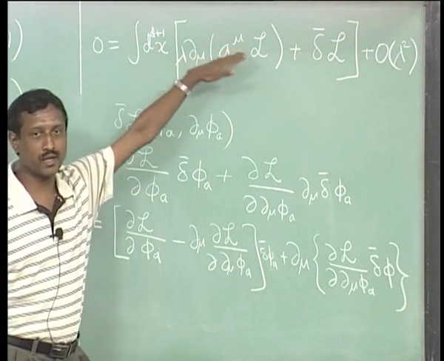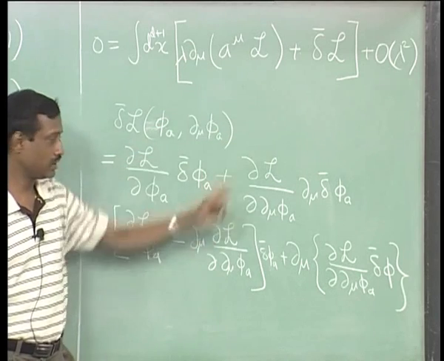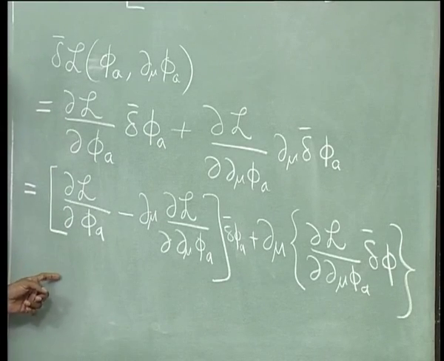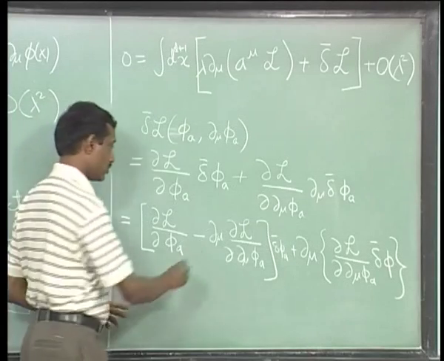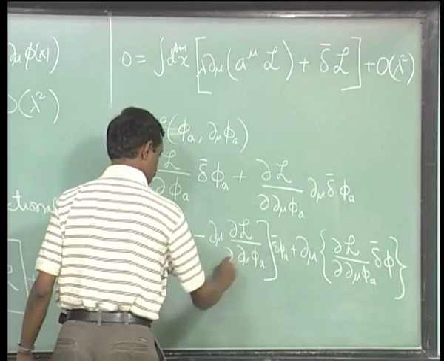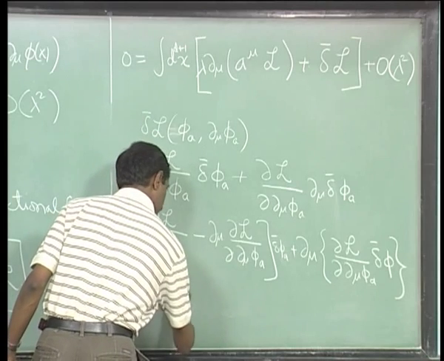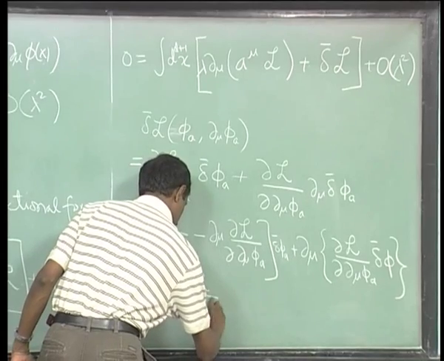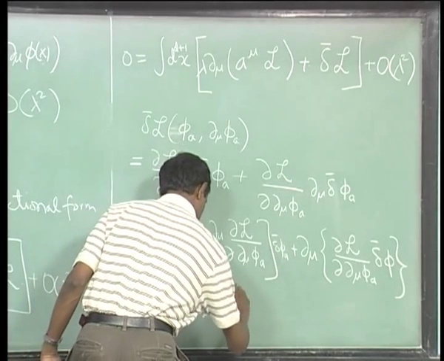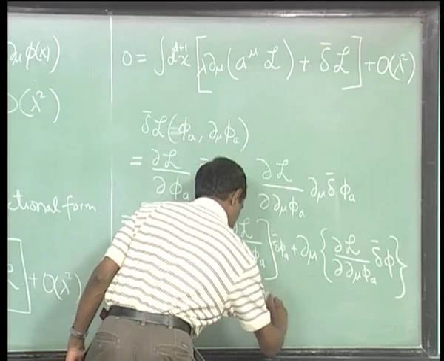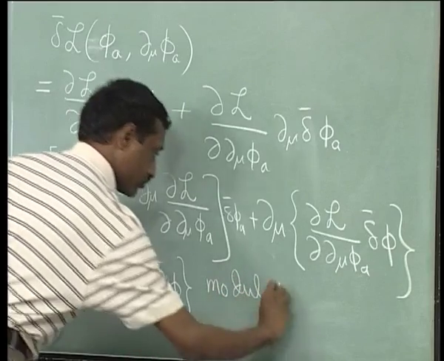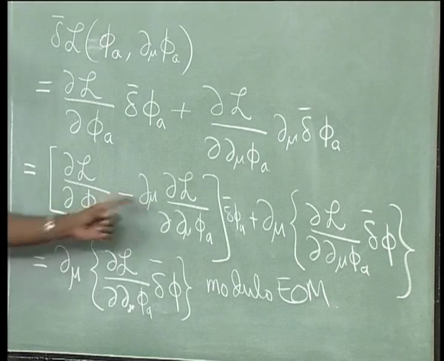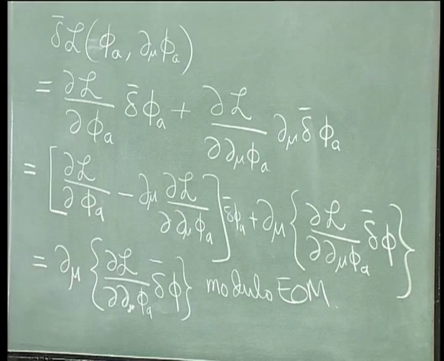So far we only used the fact that it was a symmetry, but now I am going to use the fact that this term is 0 modulo the equations of motion. So this is equal to, modulo equations of motion, because the equation of motion is this equal to 0.